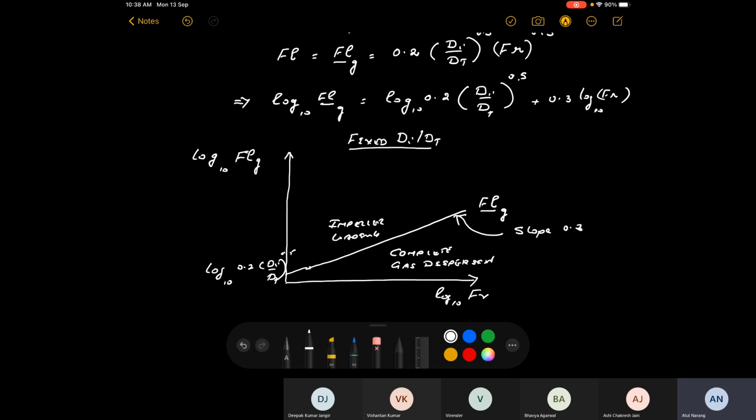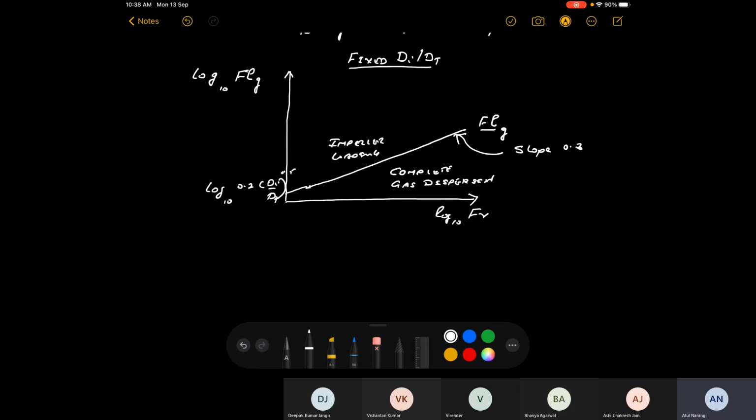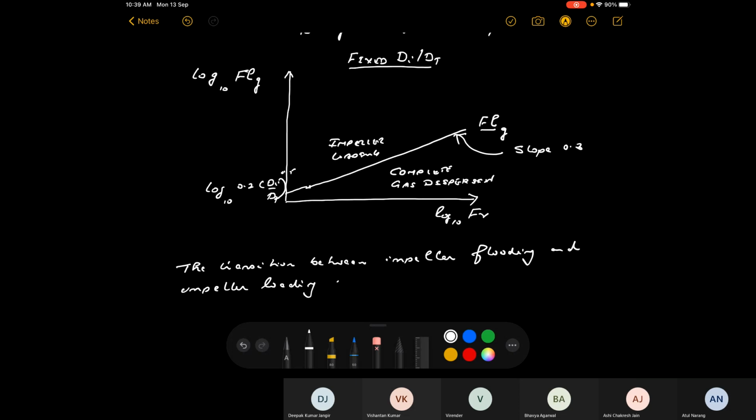The next one says the transition between impeller flooding and impeller loading is given by the equation, which will again correspond to a line.